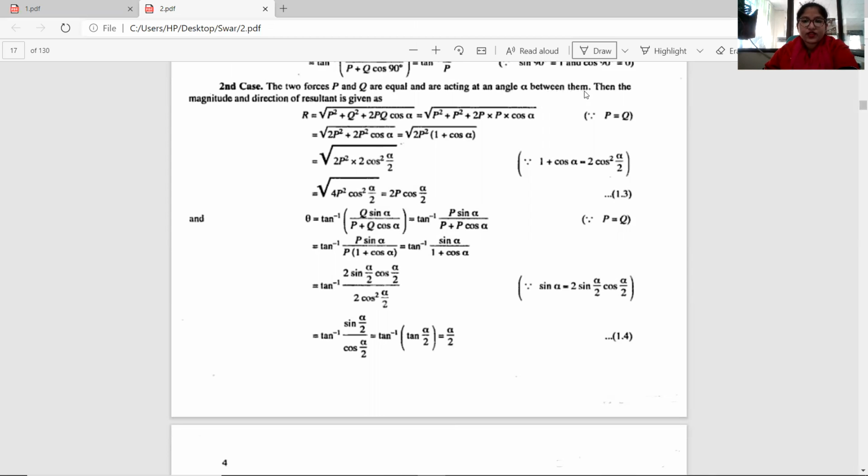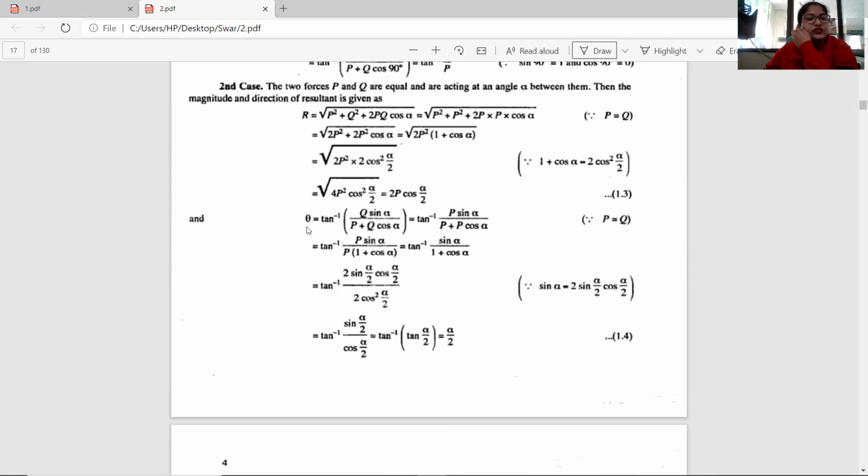Second case is if two forces P and Q are equal and are acting at an angle alpha between them, then the magnitude and direction of the resultant are given by R equals the square root of P square plus Q square plus 2PQ cos alpha. But they both are equal, then P equals Q. So put the Q value as P, then P square plus P square plus 2P multiplied by P cos alpha, then my value will be 2P cos alpha by 2.